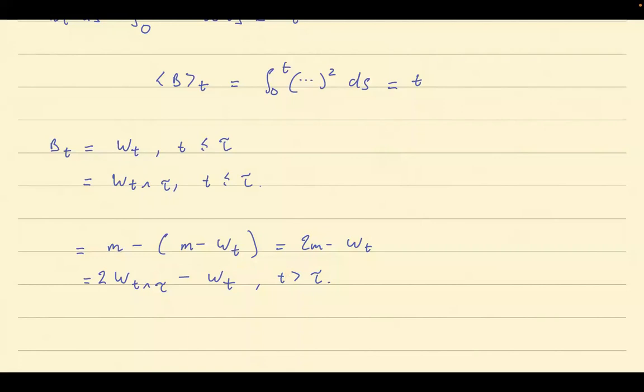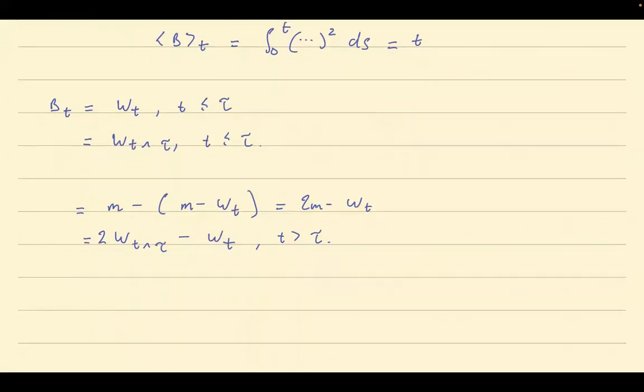Now, why in the world do I want to do it in a fancy way rather than just 2M? Here's a reason. If you're in this business for a while, you will know that there is a very convenient way to write a stopped process as an integral.